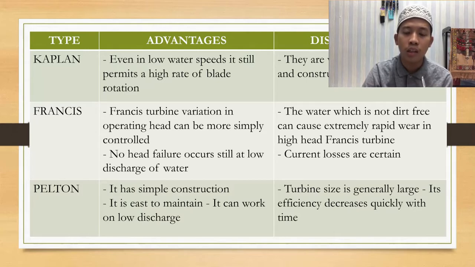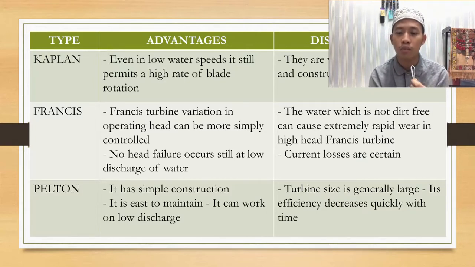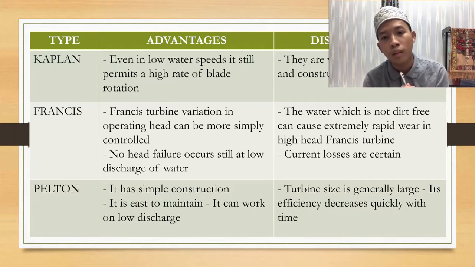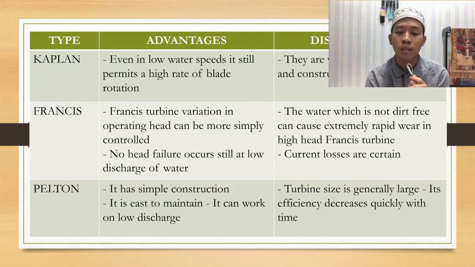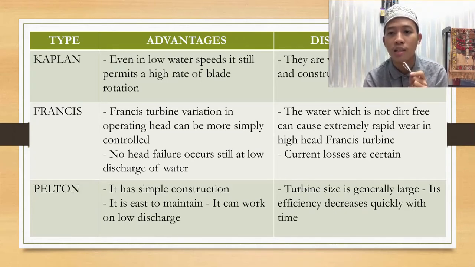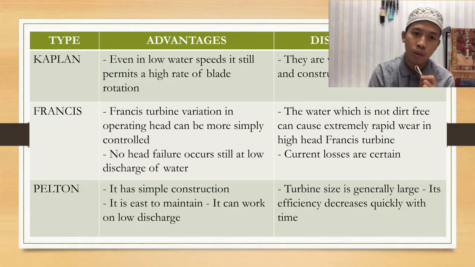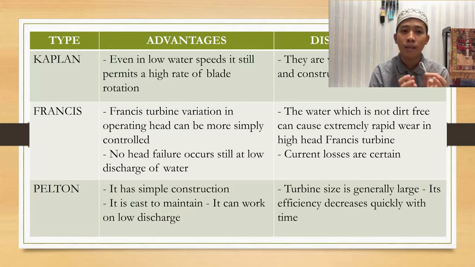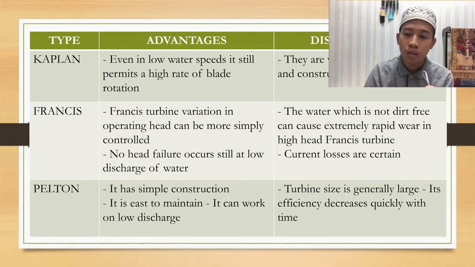The advantage is that it is very easy to use and easy to get, and it can work on low discharge. The disadvantage is that the turbine size is generally large. The Pelton turbine generally has a big size, so it can be a little bit hard to use.